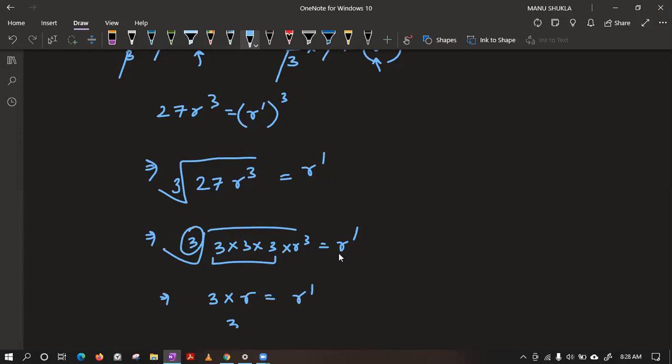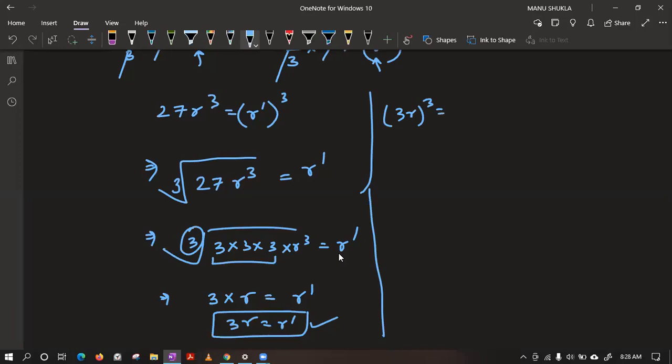That will be your r dash. So r dash equal to 3r. This was your cube root. Another way is you could have written this as 3r whole cube is equal to r dash cube, and from this one you could have cancelled the power. That also will have given you the correct answer.